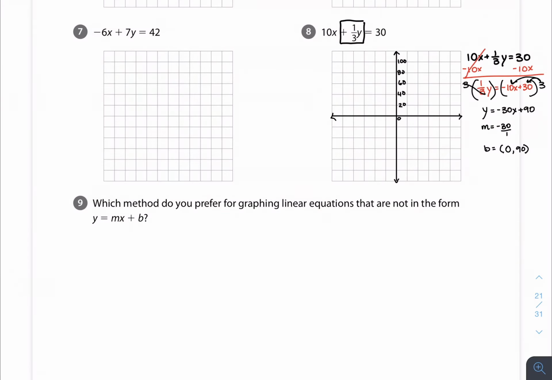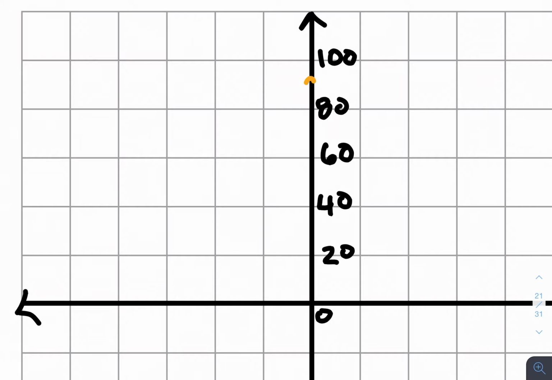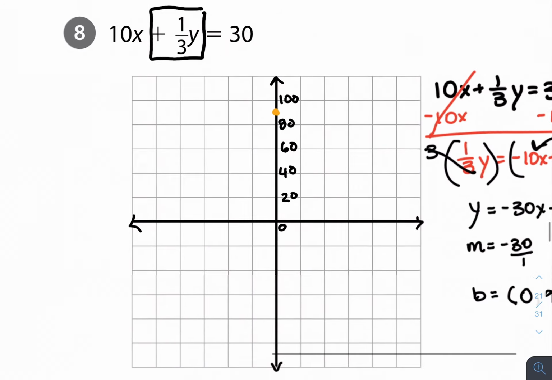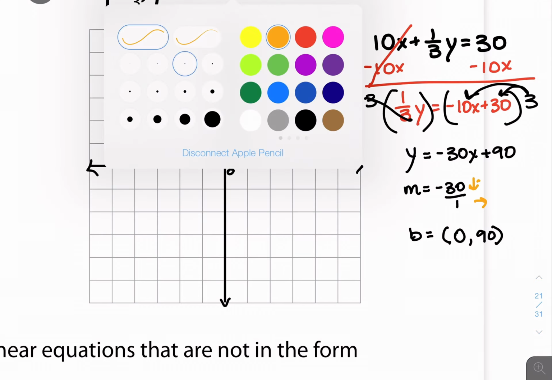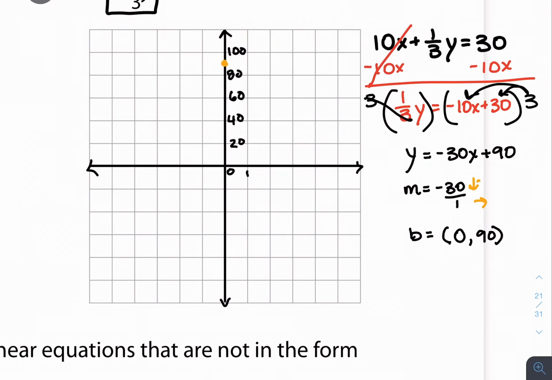Oh, sorry, that's a little funky thing my tool does. That's 0, 90. And now this would mean I'd have to go down 30 and right 1. So that means I want my scale on my x-axis to actually go by 1s.